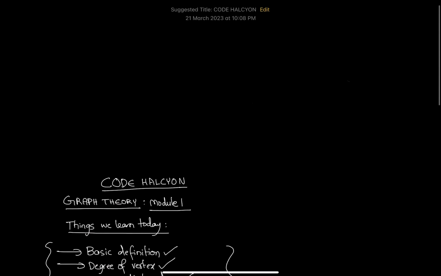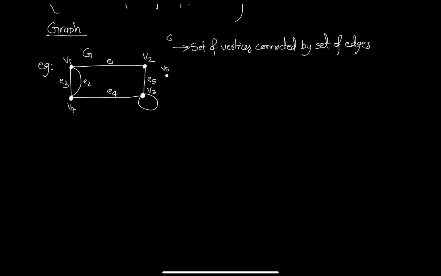Okay, let's just write this down. A loop is an edge with the same end vertices. An edge with the same end vertices is called a loop.